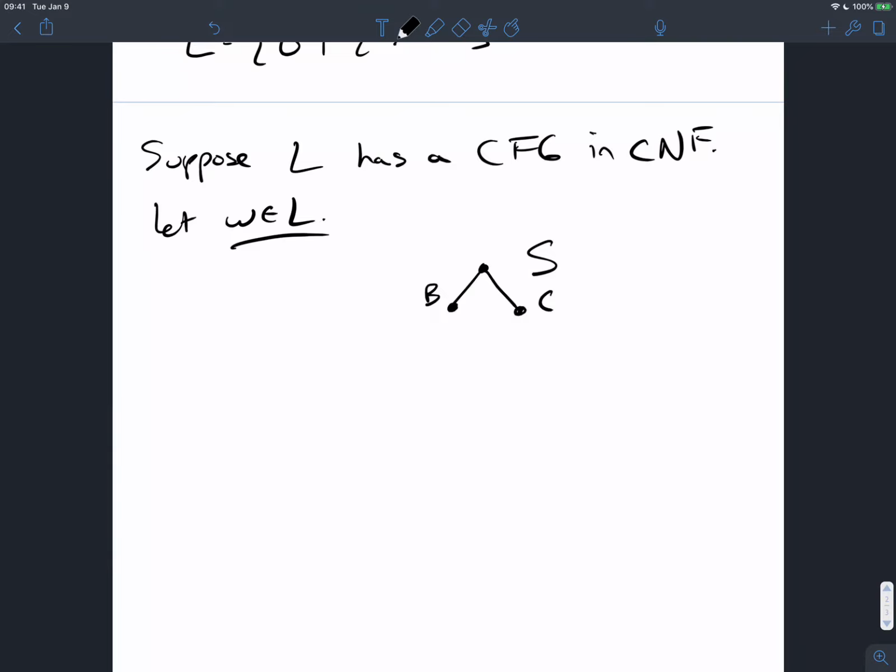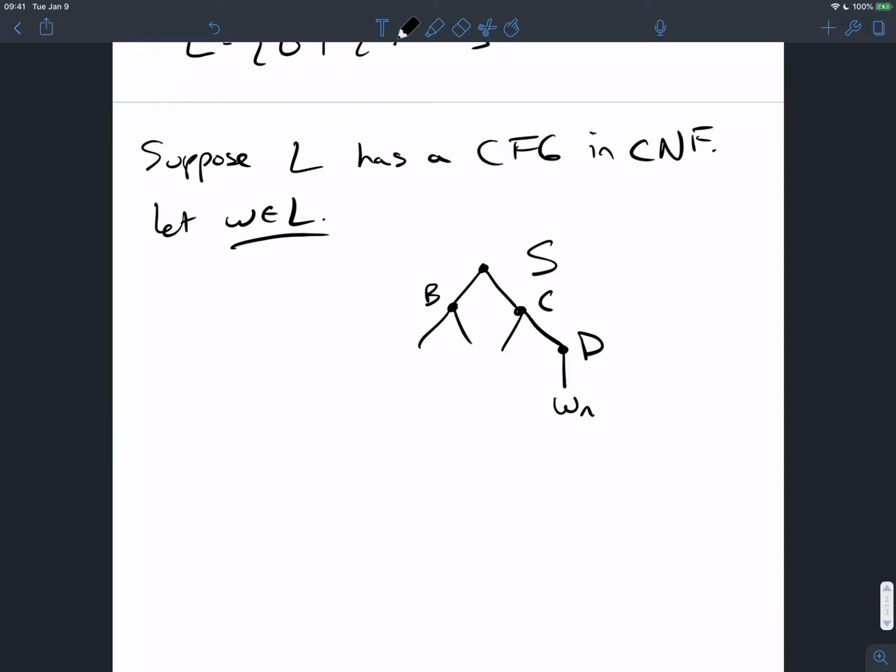Some of them may be terminals, but the nice thing here is that the tree is binary. If we take the leaves off the tree, so let's say that this is a variable, and this generates, say, wn, the last character. And then if we look at the tree other than the leaves, what do I have left as the tree structure itself?